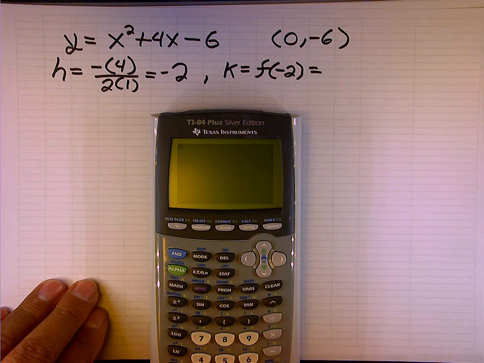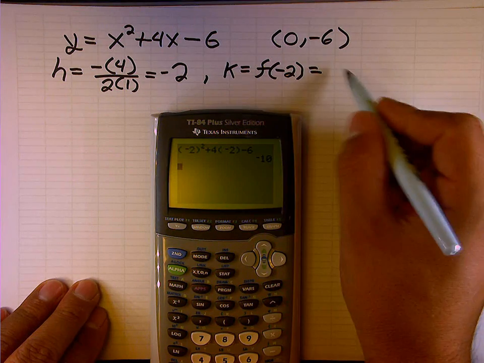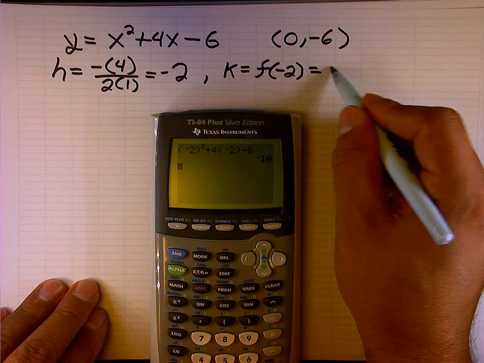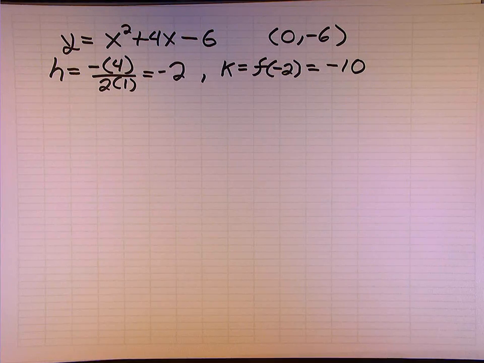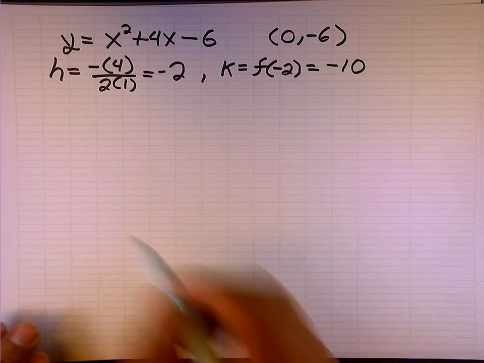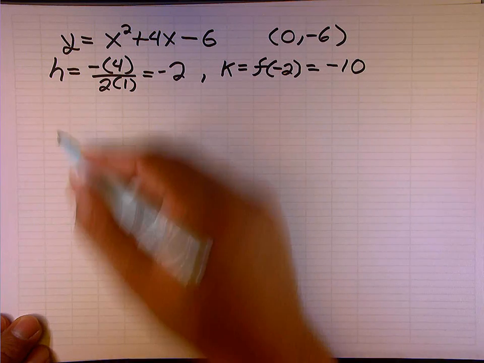So I'm going to plug in my negative 2 and square it plus 4 times negative 2 minus 6. I'm just plugging it directly into the formula as it looks in my calculator, hitting enter, and the k value, or the y value of the vertex, is negative 10.